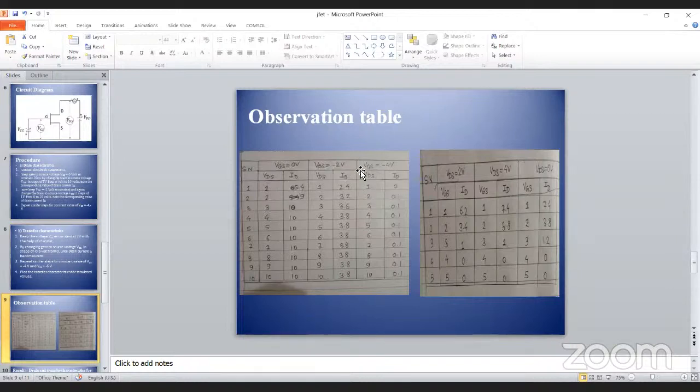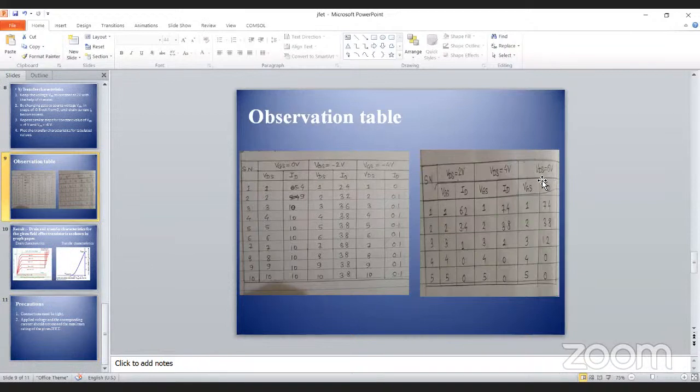Repeat this step at minus 2 volt and minus 4 volt. For the transfer characteristic, we keep constant voltage across drain and source at 2 volt, and we vary voltage across gate and source and measure the drain current. Repeat similar for 4 volt and 6 volt.